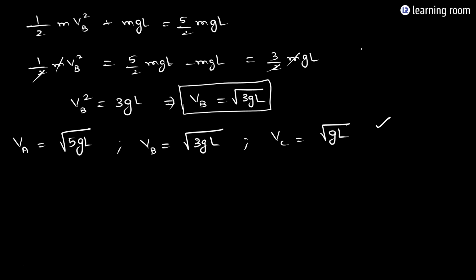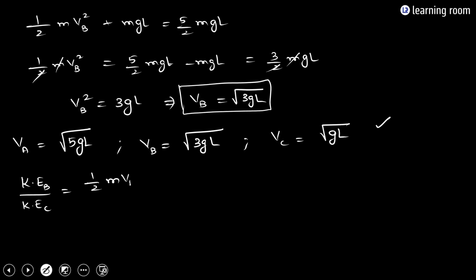Now, having this in mind, if you try to calculate the kinetic energy at B to the kinetic energy at point C, so kinetic energy at B is going to be equal to half into m into Vb square divided by kinetic energy at C, which is half into m into Vc square. So half m and half m are gone. Vb square is 3GL, Vc square is GL. Both get cancelled.